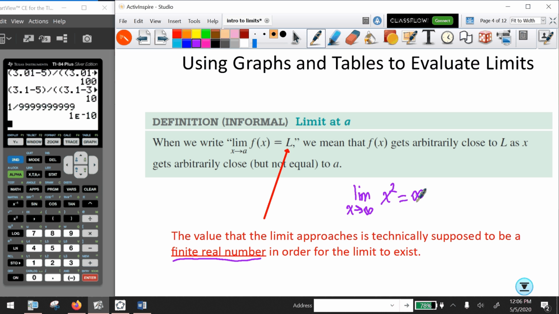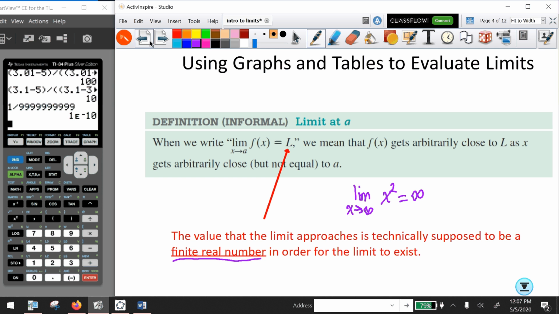And again, the reason they don't like to say equal to infinity is because infinity is not a number, it's more of a concept, right? There is a more strict reason why you're not allowed to have it equal to infinity, and it's based on that other definition of a limit with the epsilon delta definition that you'll see in the calculus textbook. But for now, let's just say that the limit for the function x squared as x approaches infinity also approaches infinity. It increases without bound is the terminology that your pre-calc book uses.